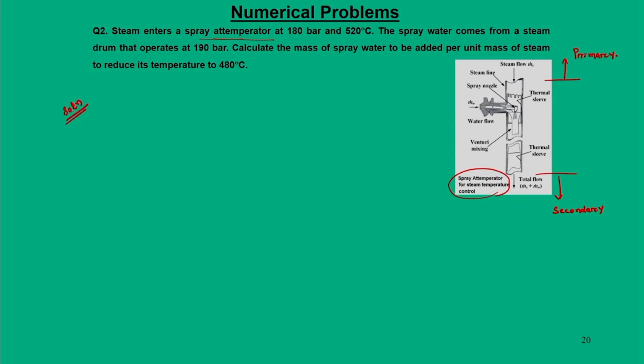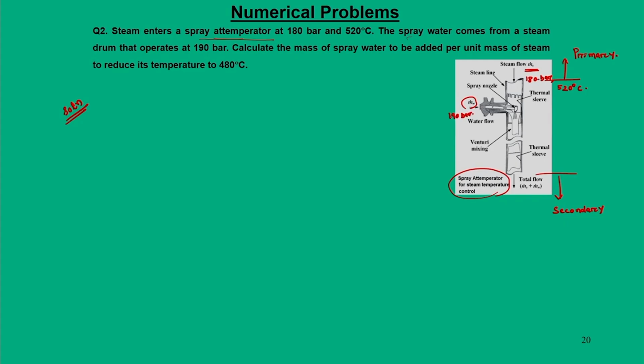So, basically what we see is steam m dot s enters the attemperator at 180 bar, 520 degree centigrade, and spray water m dot w comes from the drum at about 190 bar.